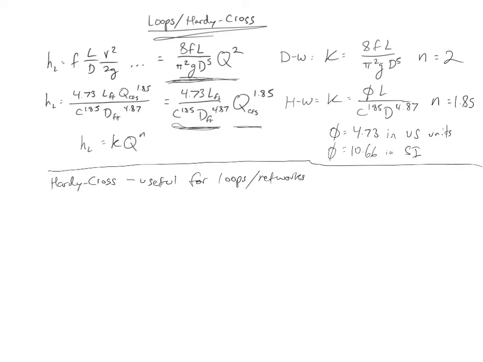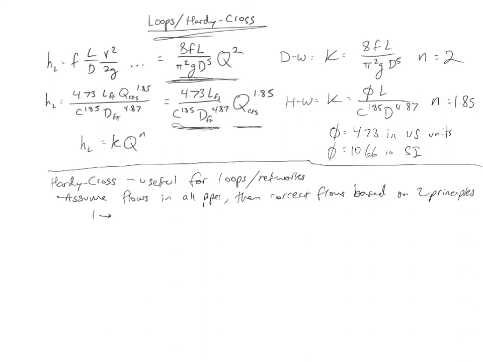Basically the steps are, we're going to assume some flows in all the pipes, and then we're going to correct those flows based on two principles, both of which we already kind of know.